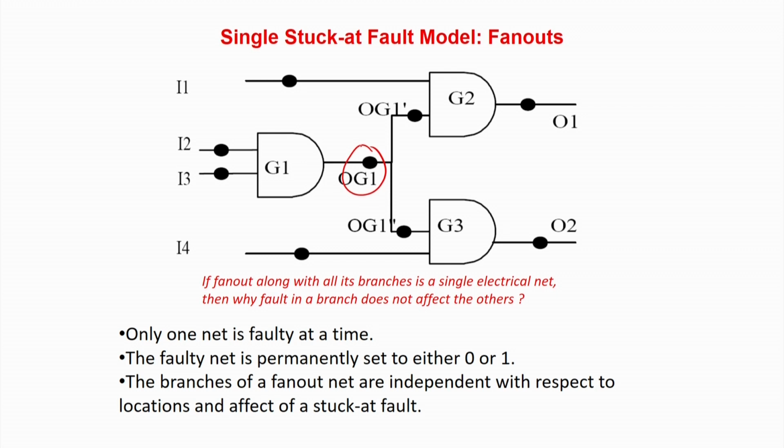There are two faults possible. But if you see, these are continuous lines, still you are assuming this fan out branch to be independent and this fan out branch to be independent. What do I mean by this? I have to consider this fan out stuck at 0 and stuck at 1 possibility, and I also have to consider this fan out branch independently and also this fan out branch independently. Now, why?